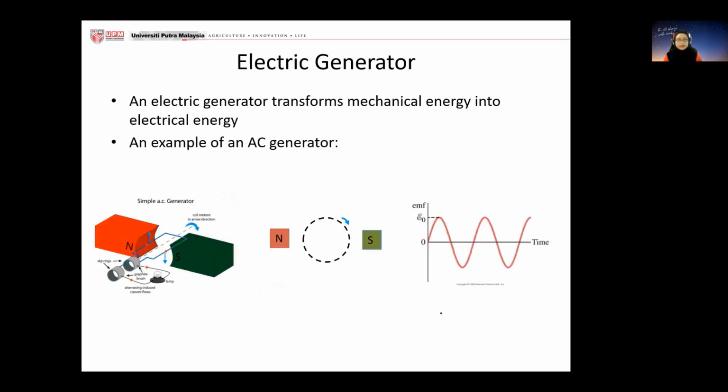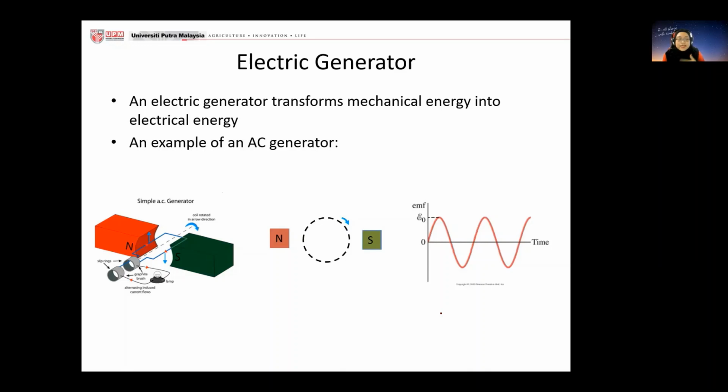All right. So in an electric generator, okay, what is actually happening? We have to remember back what was happening just now with the right hand rule, how the magnetic field actually induces electricity. So the same thing happens in an electric generator.